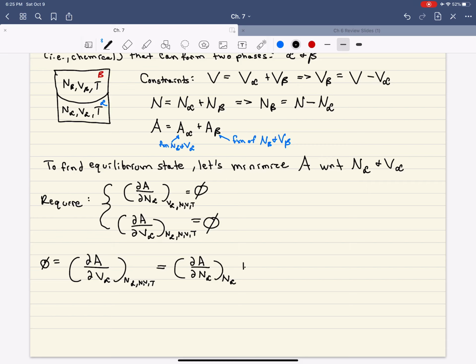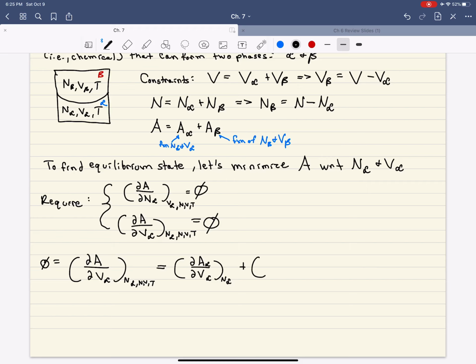And for now, just for brevity, I'm going to stop writing this NVT, but they're still actually going to be there, right? So still remember that this is a constant NVT system. Right? In any case, there should be a V and constant N alpha. And so this is A alpha.